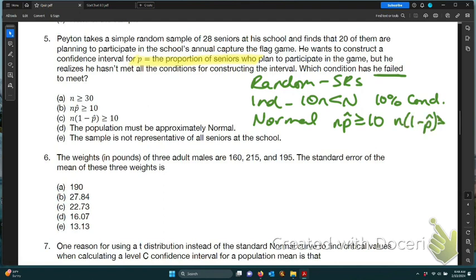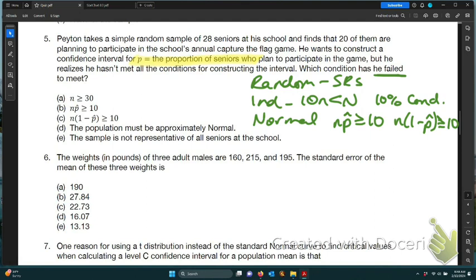So, can this fail the central limit theorem? What's the central limit? That's n greater than or equal to 30. It cannot. Why can this not fail the central limit theorem? That's for means. Well, it can't fail something I'm not going to check.